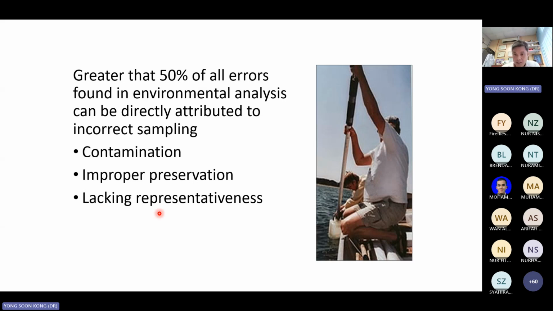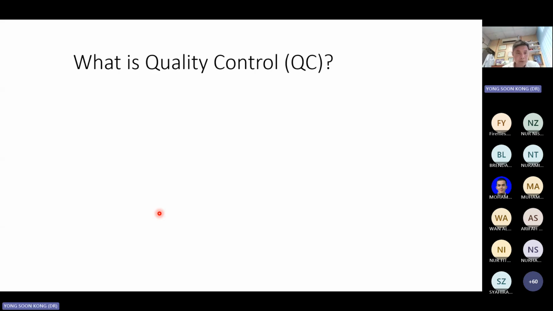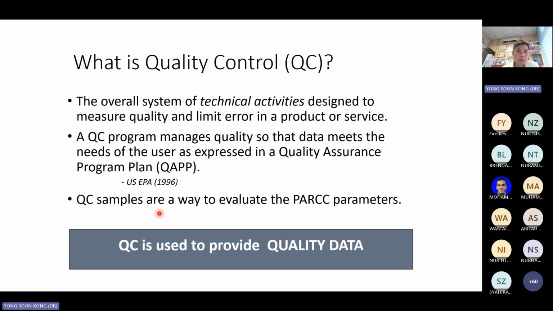Okay. So I will move on to QC. So let me show you all the text right here. Now, like I said to you earlier, QC you can equate to the protocols or the procedures or the technical aspects that you will carry out.